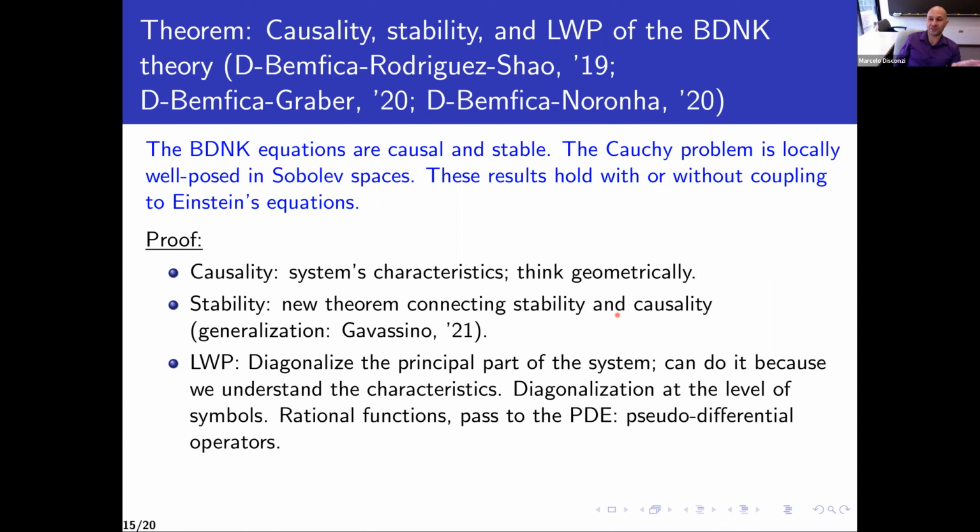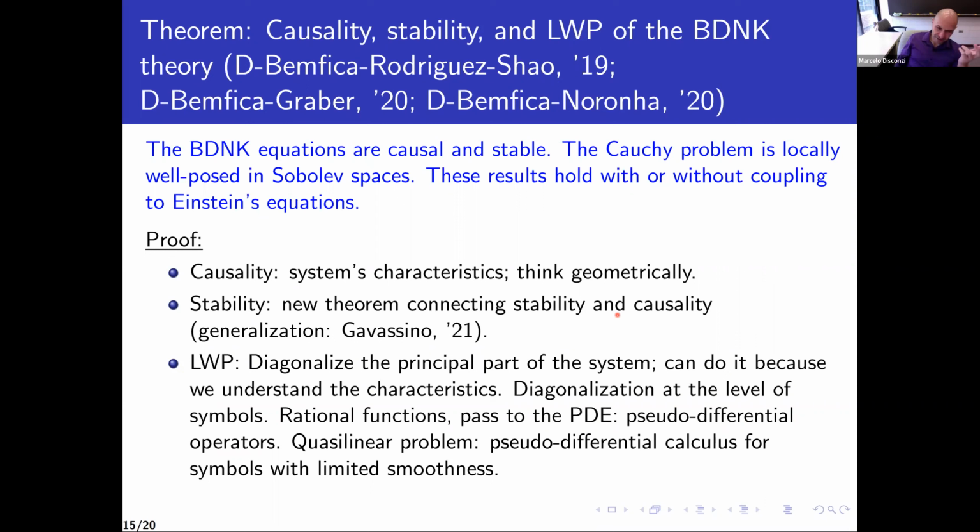So when you write this as PDEs, you actually have to work with pseudo-differential operators. And then there are some technical difficulties we have to address. This is a quasi-linear problem, so we have to do the pseudo-differential calculus for symbols with limited smoothness. But if you do things carefully enough, you can handle that.